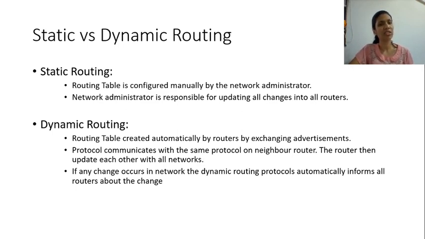This information has to be manually entered by the network administrator in the routing table. As and when there are changes happening on the network, the administrator should be aware of it and should update the routing table present on all of the routers in the network. And hence static routing is not feasible over large networks.